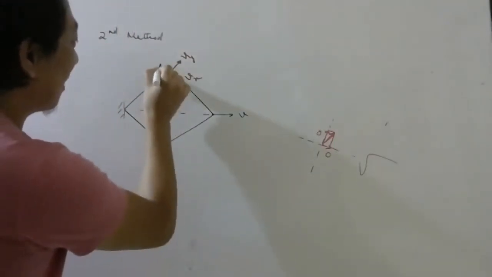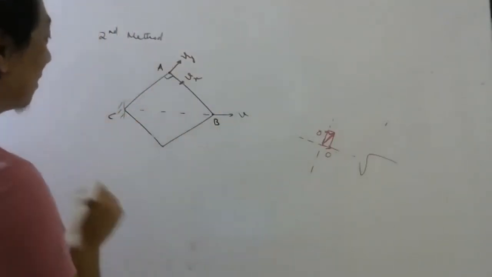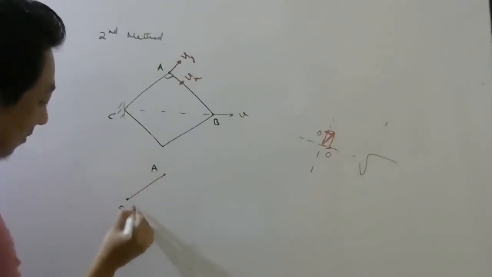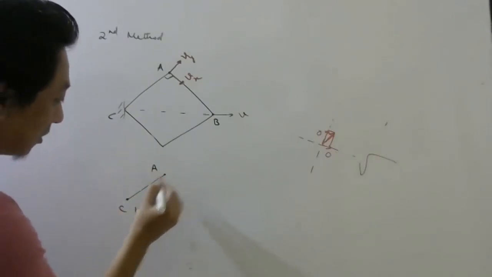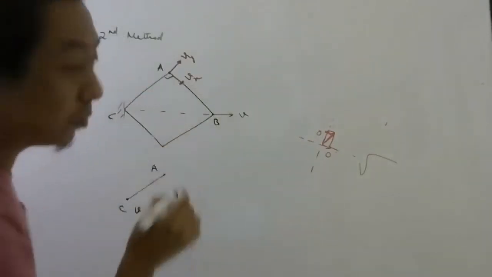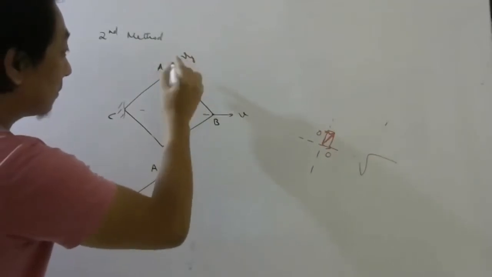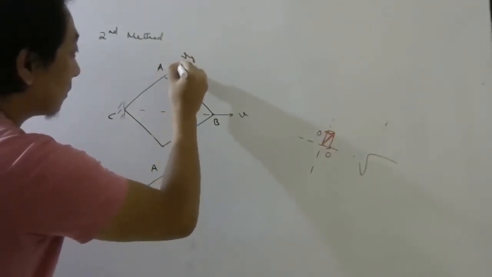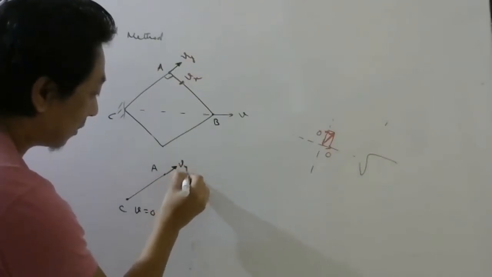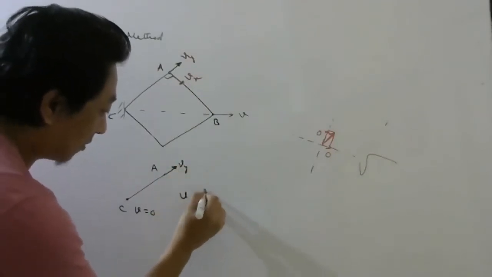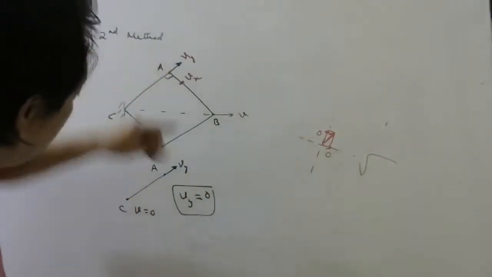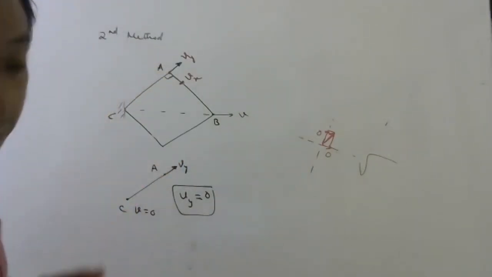See here, this is A, this is B, this is C. Now for AC, this is velocity 0. So the velocity of this point along the string will have no component, only this is there. It should be parallel to this line. This is Vy. So this Vy must be 0, because this Vx will have no component along this axis.